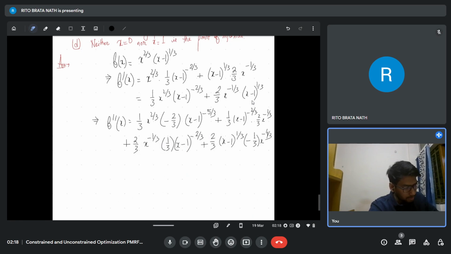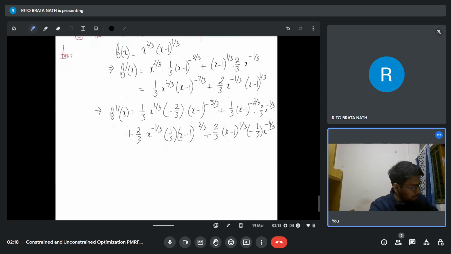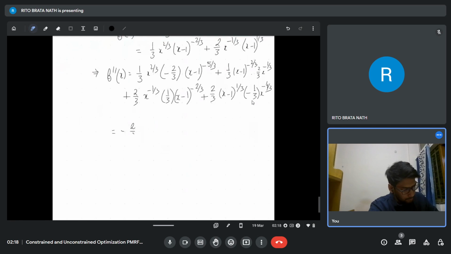Okay, so rearranging this will give you minus 2 by 9 x to the power 2 by 3 (x minus 1) to the power minus 5 by 3 plus 2 by 9 (x minus 1) to the power minus 2 by 3. Or first I'll write down the x term, then the x minus 1 terms. So it will be x to the power minus 1 by 3, (x minus 1) to the power minus 2 by 3.